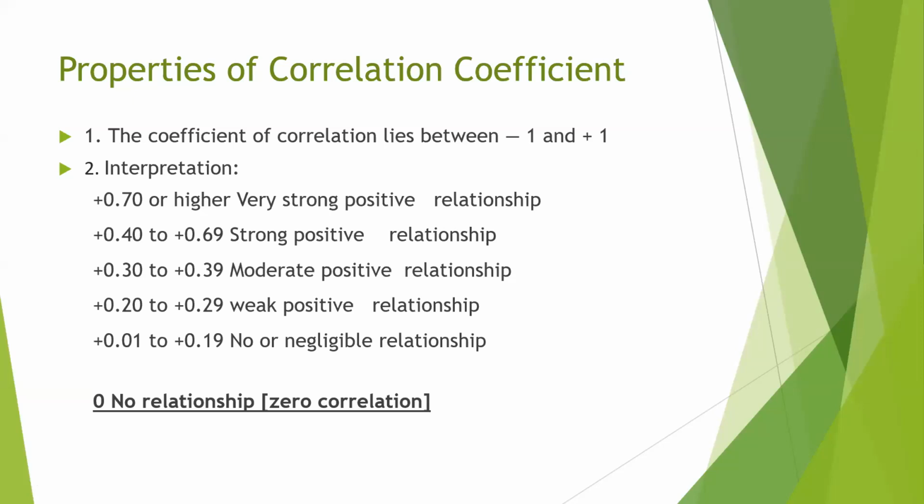If it is between 0.4 and 0.69, that means a strong positive relationship. If it is between 0.3 and 0.39, that means a moderate, or weak, positive relationship.